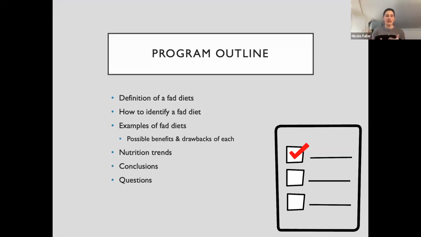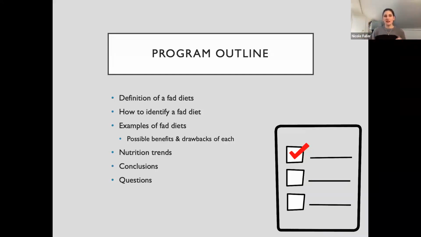talk about or touch on this evening. What is a fad diet? We're going to talk about what a fad diet is, how to identify a fad diet, red flags, so to speak. Then we're going to go over some popular examples of current fad diets that you might read about, hear about, see on social media, those types of things.